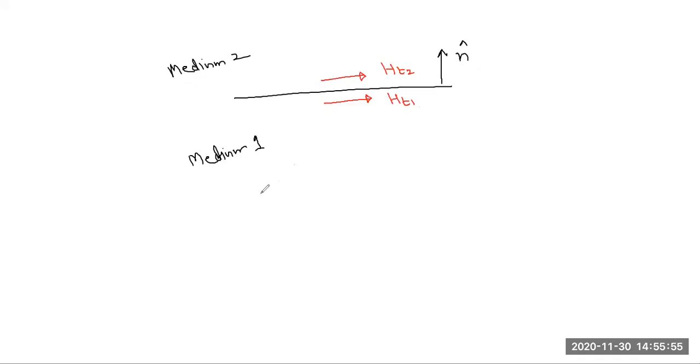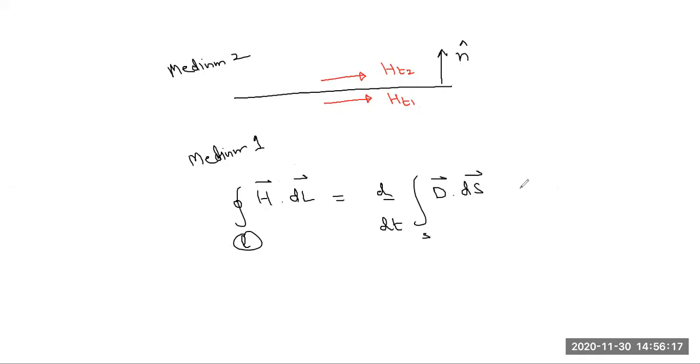The fourth Maxwell equation is basically the closed line integral of magnetic field is equal to the rate of change of electric flux passing through the surface that is formed by this closed path, plus the electric current passing through the surface which is formed by this closed path.